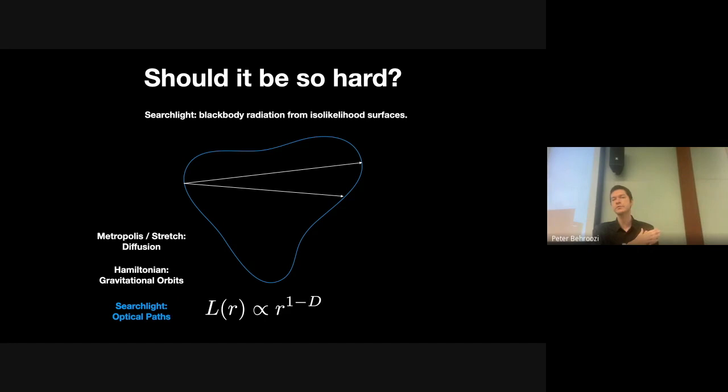So for example, things like reversibility. A key feature of many MCMC algorithms is reversibility.